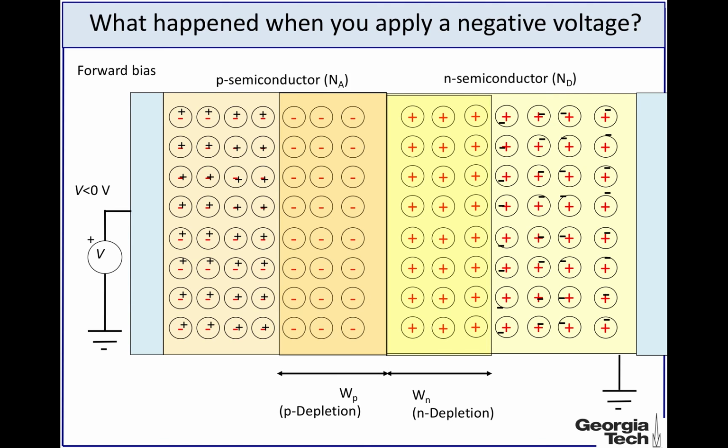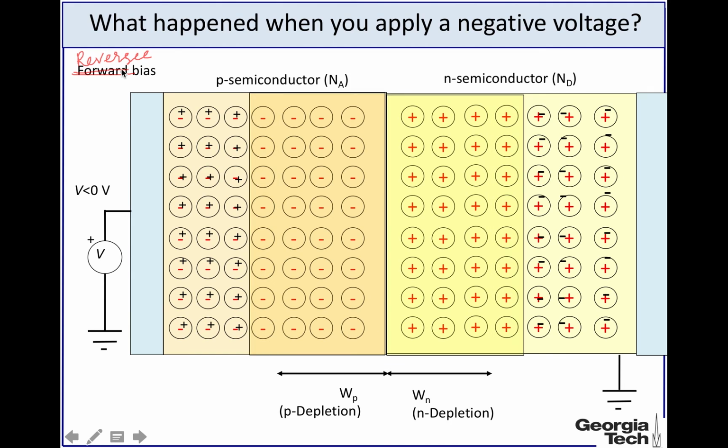Now if we apply a negative voltage, so now we have a voltage that is negative at the p side, and what will happen is that the region of depletion will increase. So the depletion region will become bigger as you apply a negative voltage in the reverse bias.